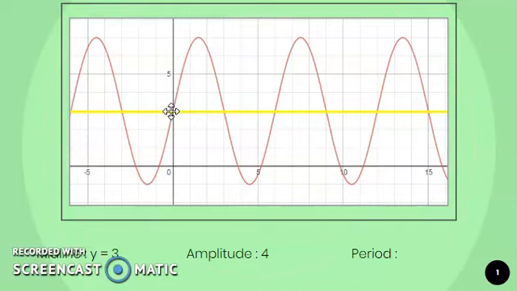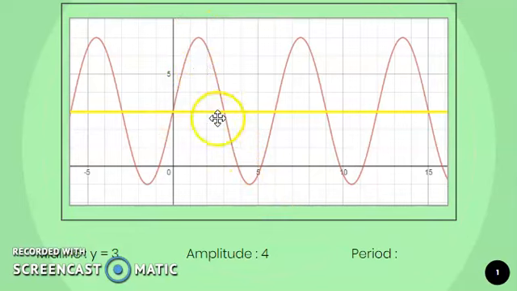Now, we need to follow the graph until we've hit a point that is identical to the first point that we have chosen. We need to make sure that the period includes the minimum and the maximum of the function. So we're going to follow this. This will be our first point, and we're going to follow the function until we hit another point. Now, you would think this is where you would stop, and this length would be your period, but it's not, because it's not identical and it doesn't include the minimum.